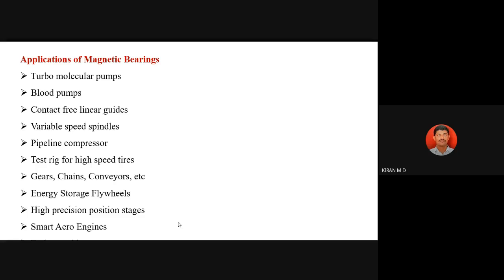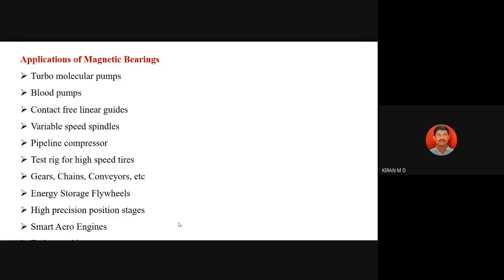Contact-free linear guides, variable speed spindles, pipeline compressors, test rigs for high-speed tires, gears, chains, conveyors, etc., energy storage flywheels, high precision position stages, smart aero engines, turbo machines. These are the main applications of magnetic bearings.